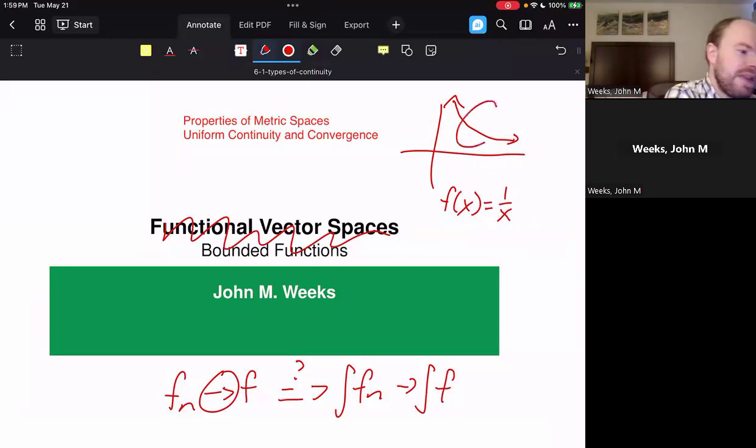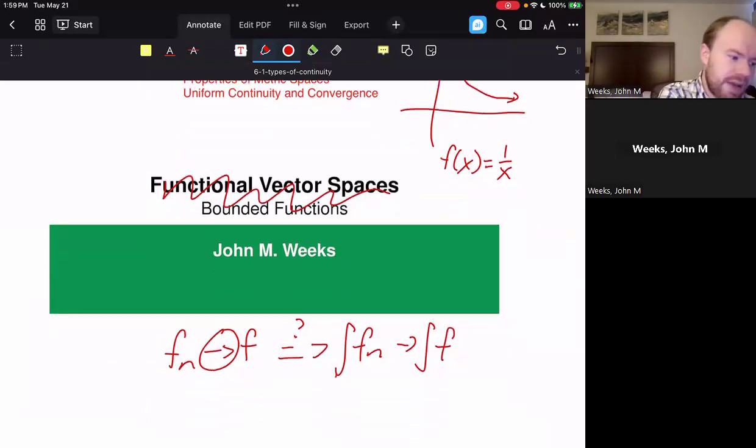Here is an example of something that is not uniformly continuous. And here we are asking the question: if this sequence of functions uniformly converges, could their integrals converge as well? Now, notice that uniform convergence is not something that can apply to numbers. Numbers can only converge or diverge. That's all that they have to do. Uniform convergence applies specifically to a sequence of functions converging.